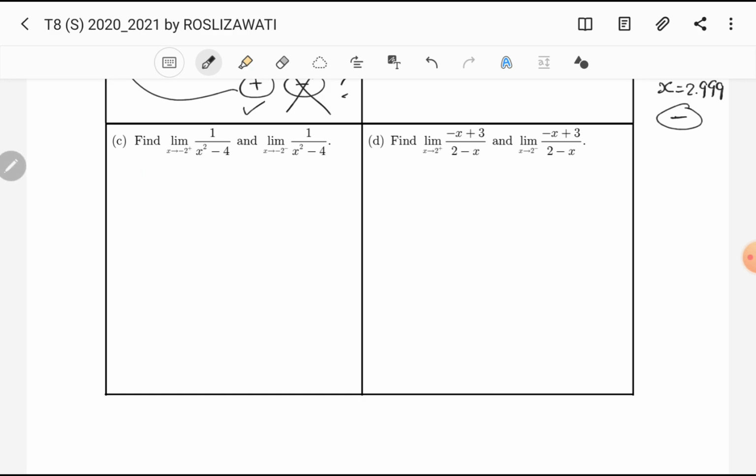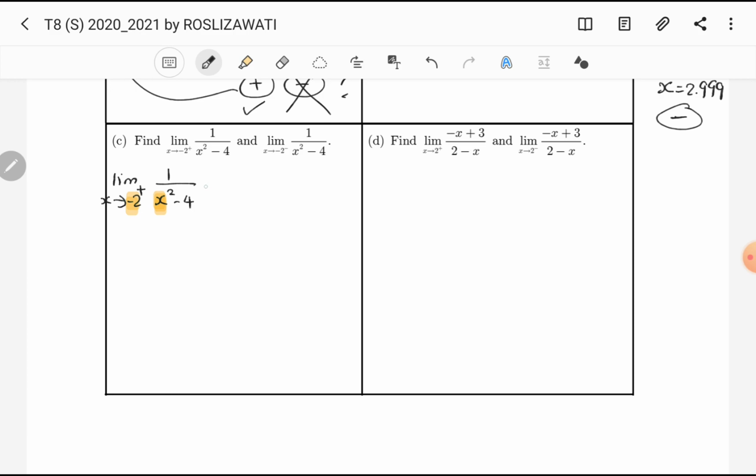Part C. Okay, limit 1 over x squared minus 4, x approaches negative 2 from positive. Okay, at first awak plug in negative 2 dalam x dulu.